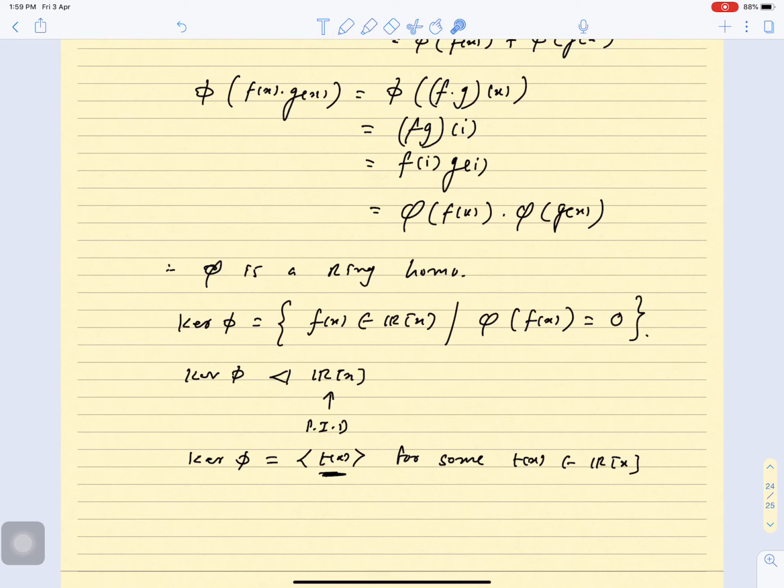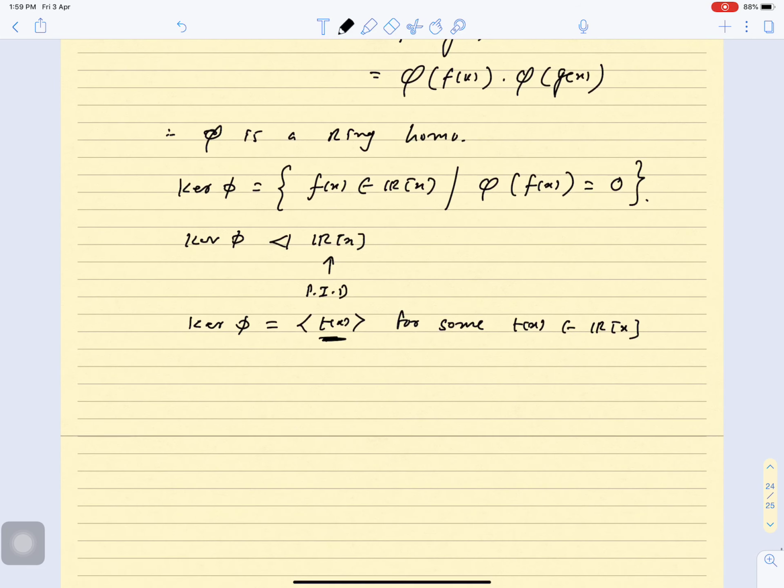Let me write one more step: the kernel of phi is the set of f(x) in R[x] such that f(i) is equal to 0. So those polynomials in R[x] whose value at i is 0, meaning i is a zero of the polynomial.